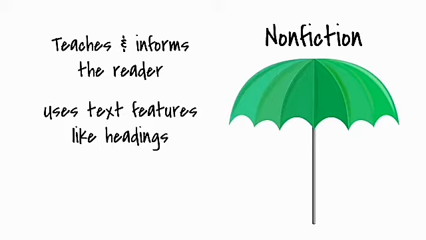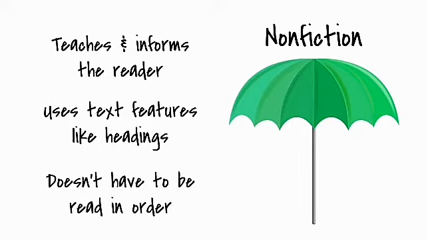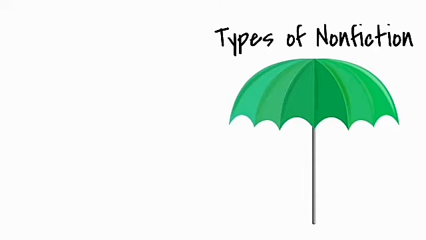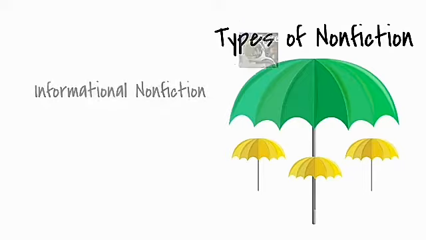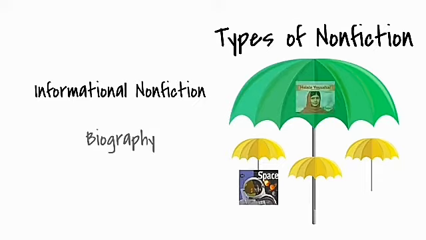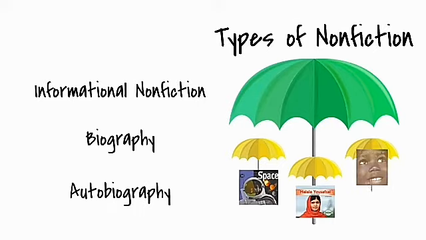We don't have to read non-fiction books in order from beginning to end. We can go directly to the information we're looking for. Did you know that there are different types of non-fiction? Let's think of these as small umbrellas under the big non-fiction umbrella. Some of the types of non-fiction are informational non-fiction, biography, and autobiography.